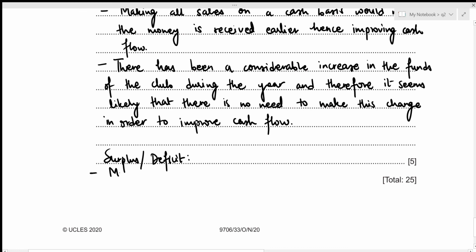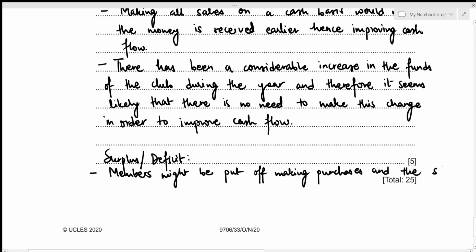Members might be put off making purchases and the sales of the club might fall.